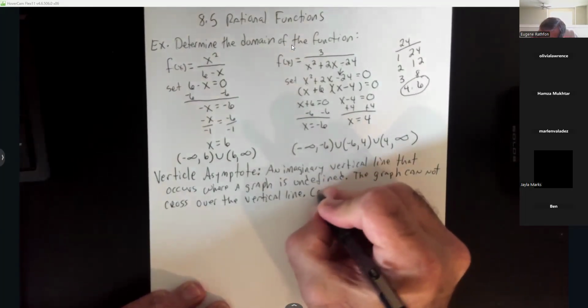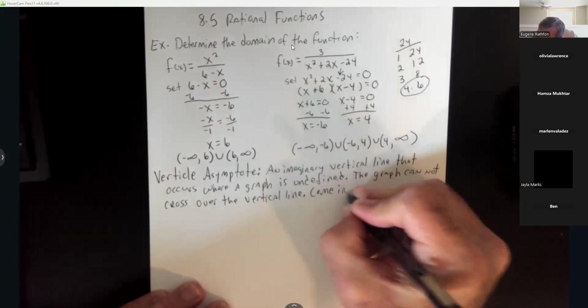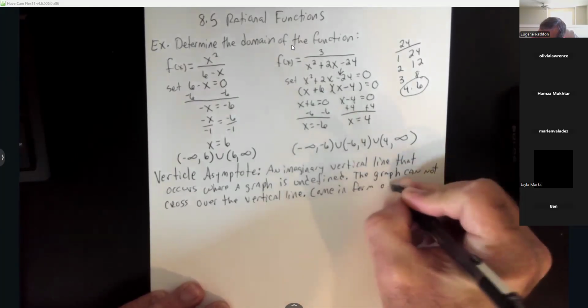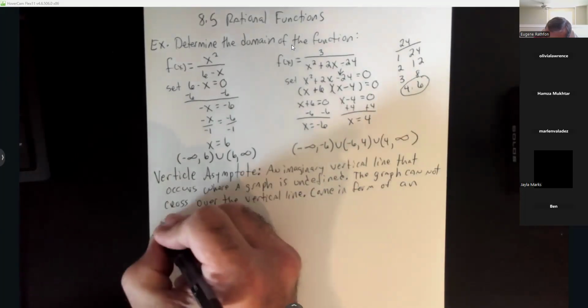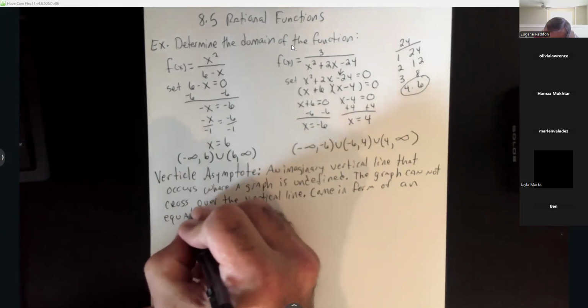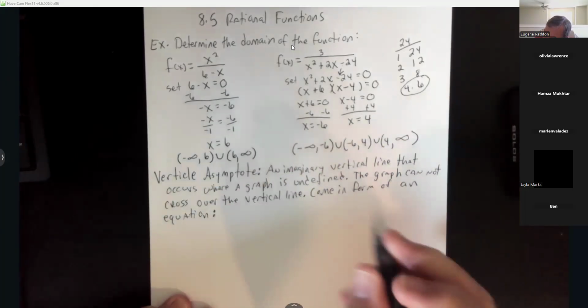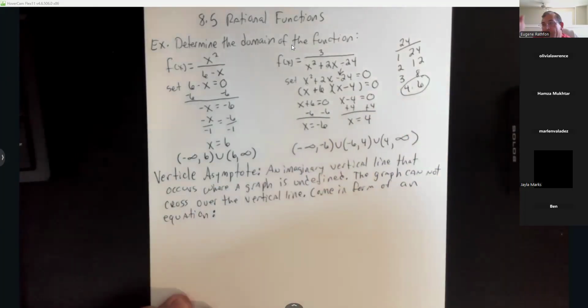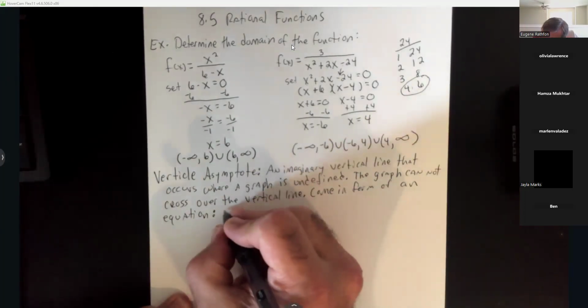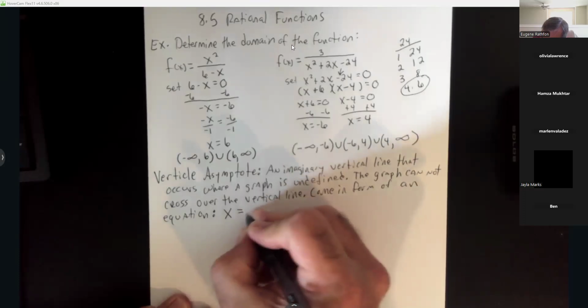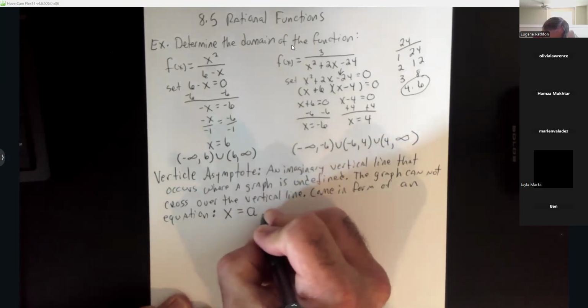Now, they come in the form of an equation. Since it's a vertical line, the equation is going to be x equals some number.